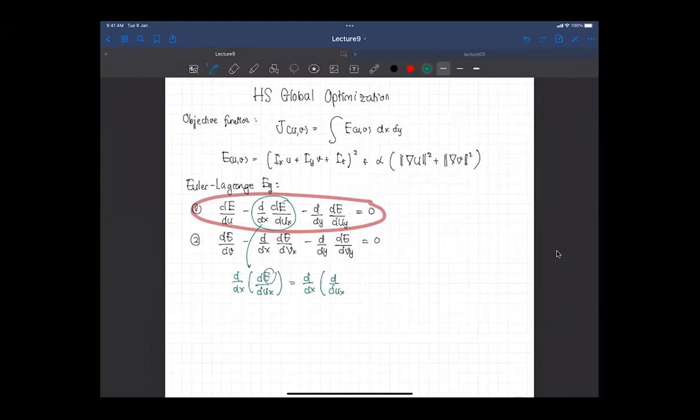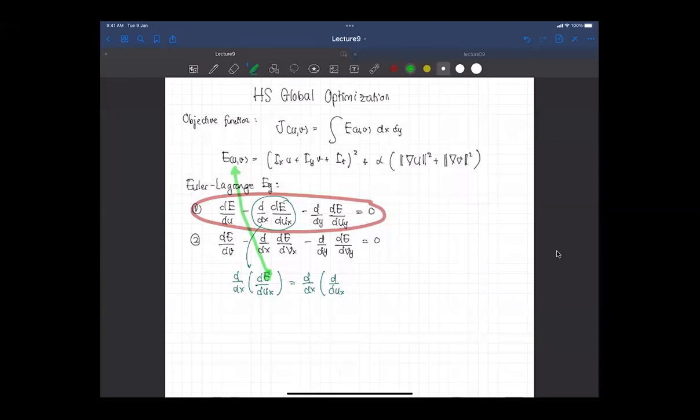If you look at E, E is actually this equation here. So this E refers to the E, and we want to do the derivative based on ux.